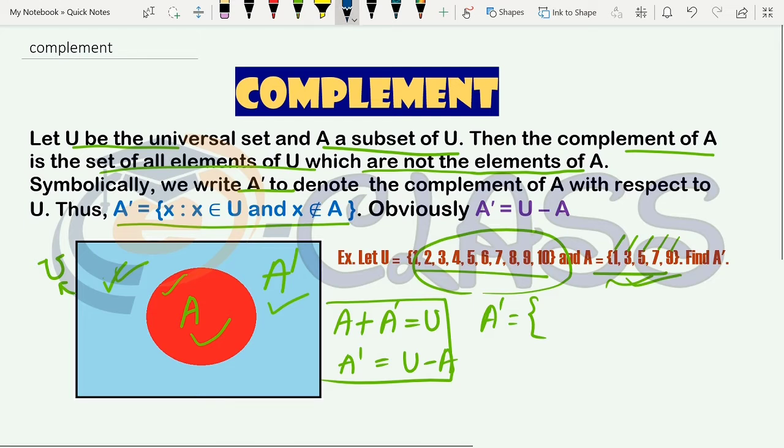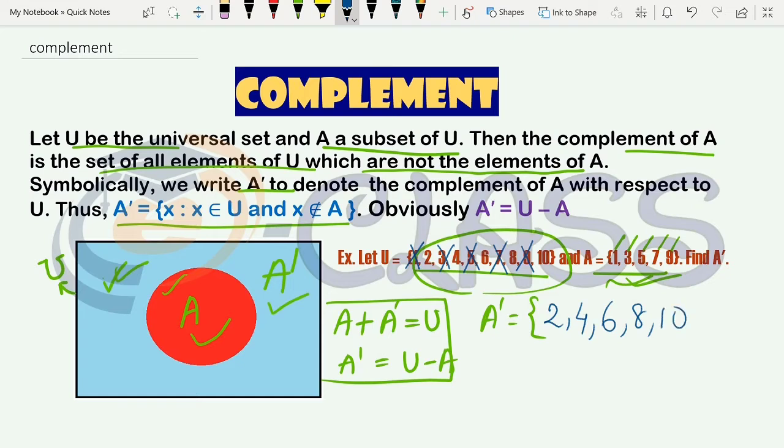So just cross the elements that belong to A. The remaining elements are 2, 4, 6, 8 and 10. These are the elements of A dash, A prime or complement of A.